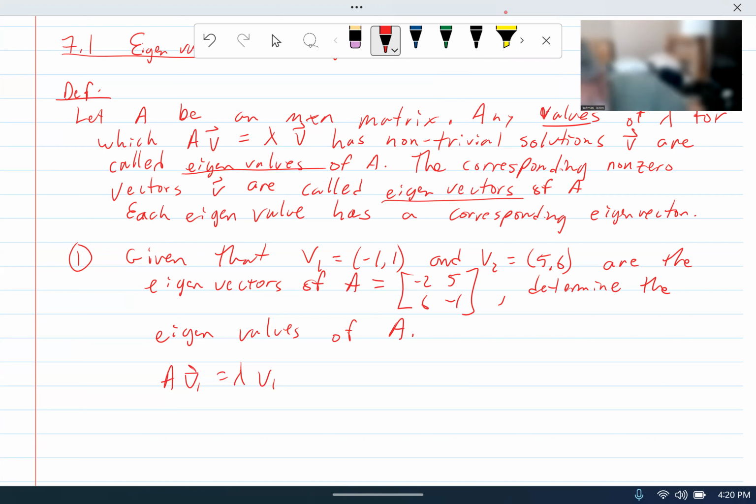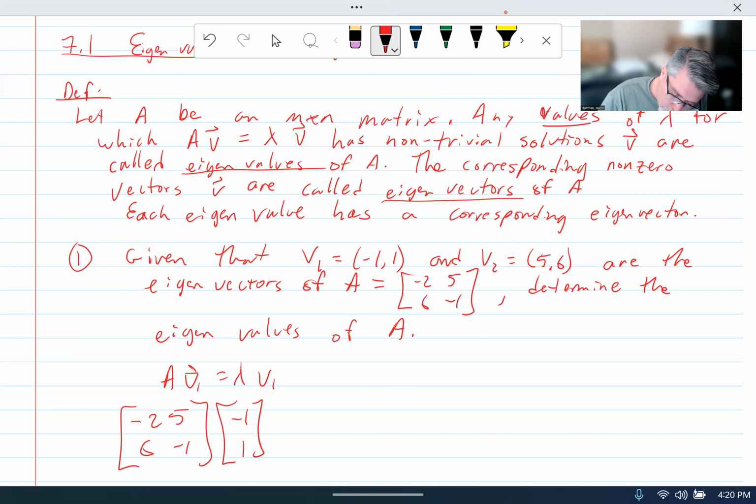And A is a matrix. So let's set this up. A is negative 2, 5, 6, negative 1. V1 is negative 1, 1. And that's going to equal lambda times negative 1, 1.